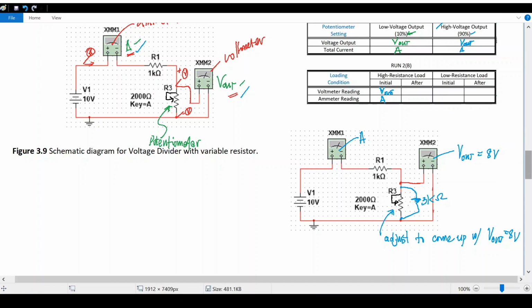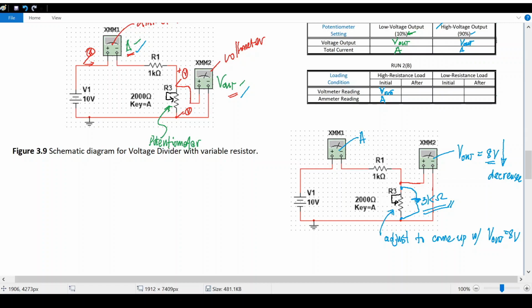So you set this before connecting the 3 kilo ohm. Okay? So you set this to 8 volts. When the 3 kilo ohm is connected, definitely this 8 volts would drop. There is a decrease in voltage output.